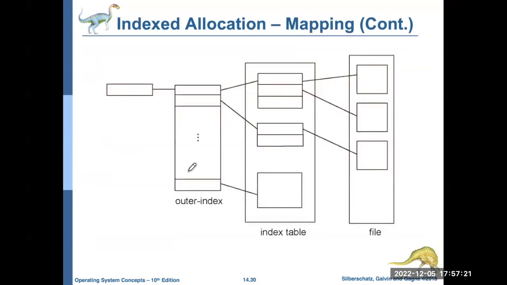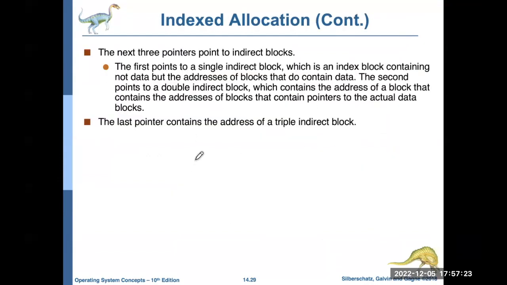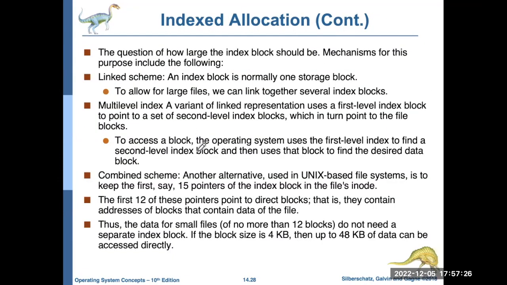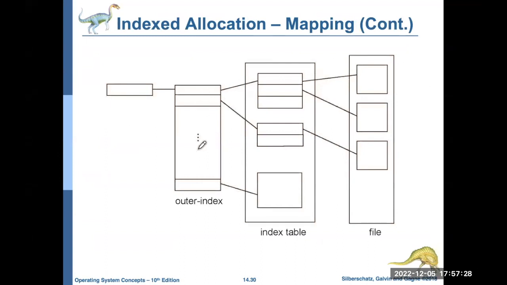In Unix, we can have more index tables. So this is called mapping. Now, rather than just having one index block, we can have double indexing.